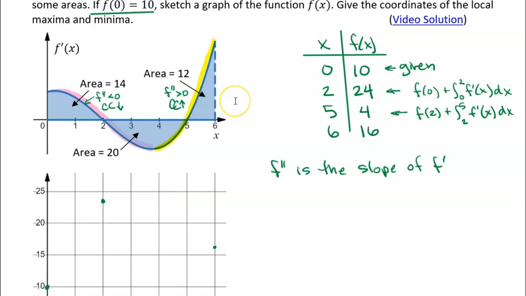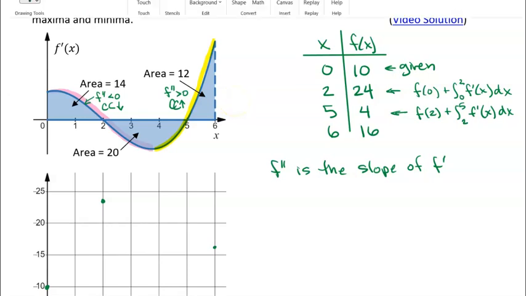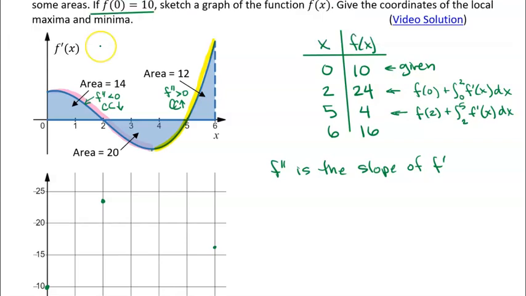Let me scroll back down. I know it has to be concave up and concave down, but let's see. There's one more piece of information we can get, right? Because right here, it seems to be switching concavity. So this is my inflection point, right? This is where f double prime is equal to 0. So it's switching from concave down to concave up at that point, at about, I don't know, maybe 3.75, somewhere around in there.